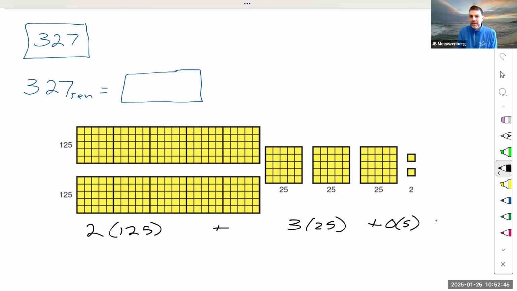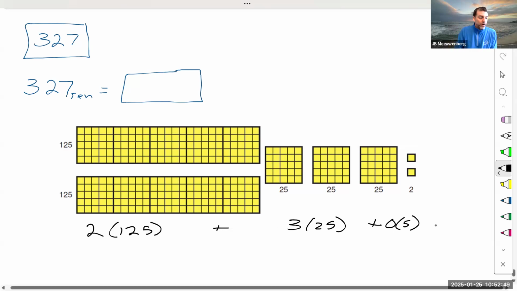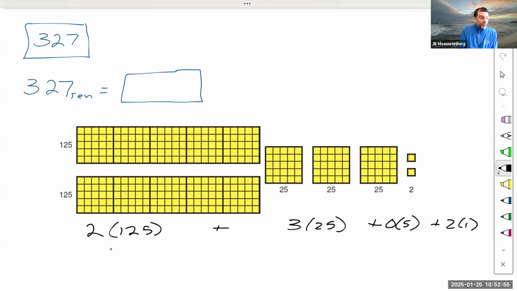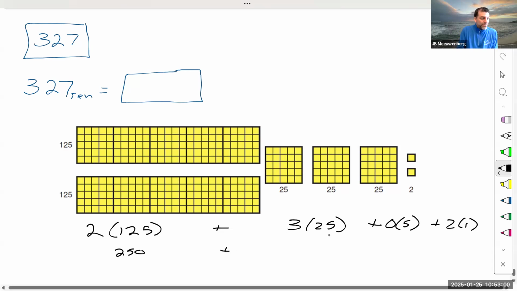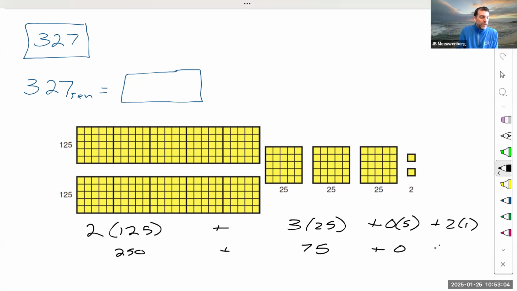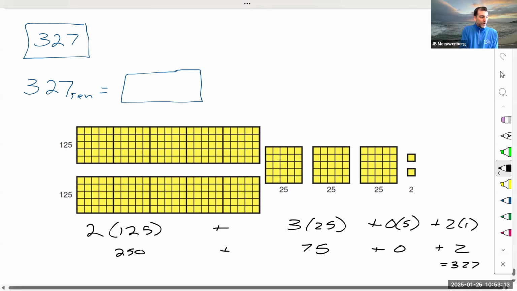And we'll take a look in a minute at what would happen if we didn't note that. Plus 2 of the ones pieces, the units. So again, 2 times 125, if we actually multiply that out, that's 250 plus 3 times 25 is 75 plus 0 here plus 2 there. 250 plus 75 is 325 plus 2 is 327, right? 327 in base 10.